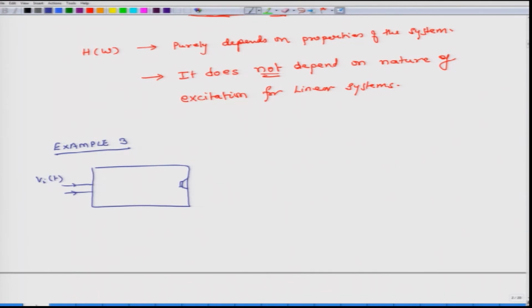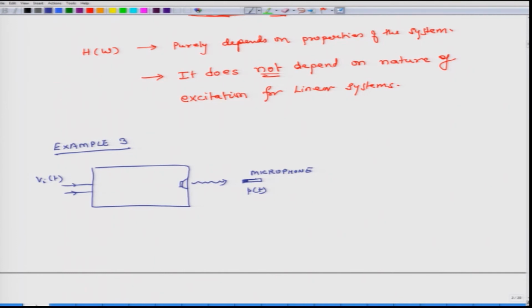Of course, there is a power supply which provides energy, and because of this the sound system is producing sound, and here I have a microphone, and it is measuring P of t. So, what is happening in this case? First thing is that voltage is getting converted into some motion of the loudspeaker, and that motion is getting converted into sound waves, and the sound waves are being measured by the microphone as pressure.